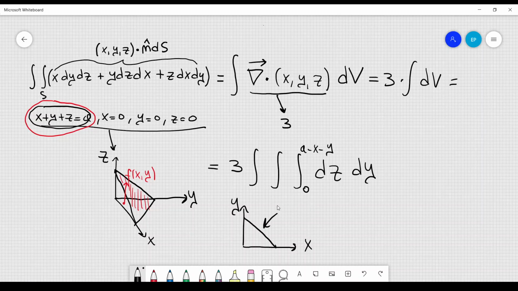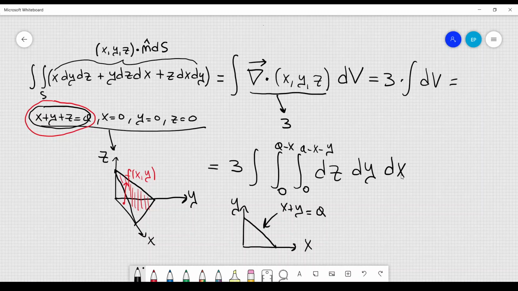So this will just be equal to x plus y equal to a. I have to set z equal to 0 because I'm on the xy plane. So I have to integrate from 0 to a minus x if I integrate over y, right?